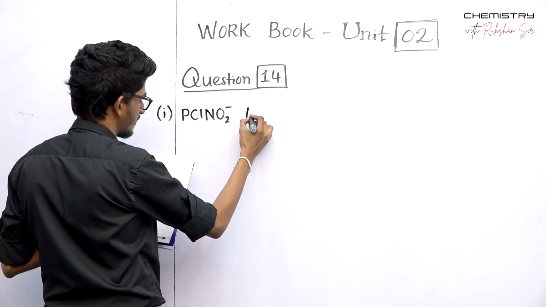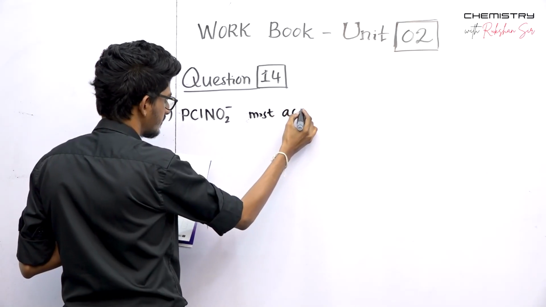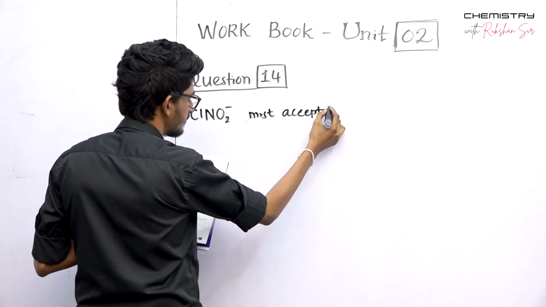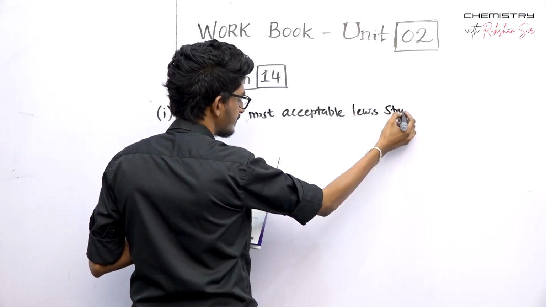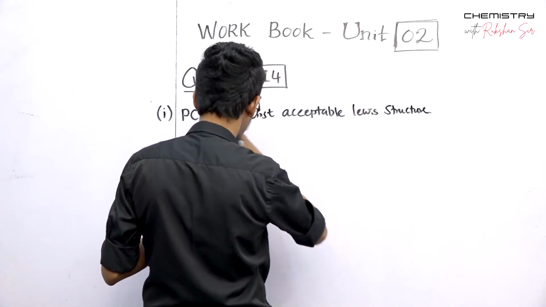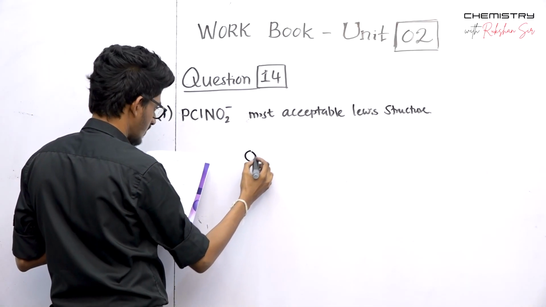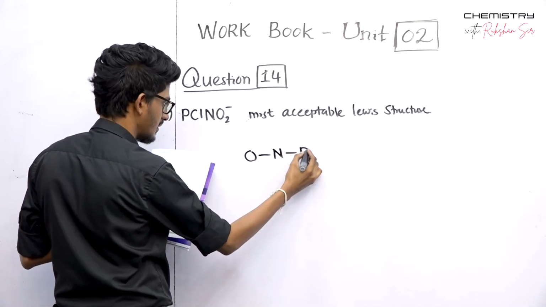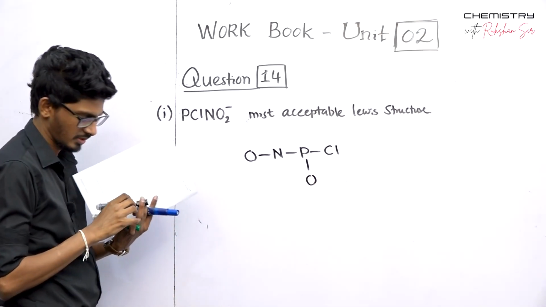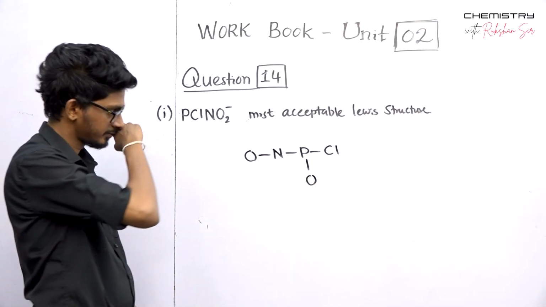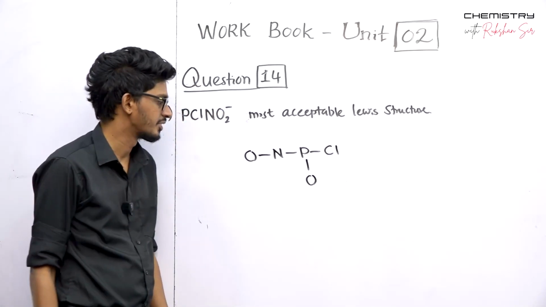Right, Lewis structure. See, skeleton is given there, no? O, N, P, Cl, and O. Right. So quickly, let's try to draw the most acceptable Lewis structure.